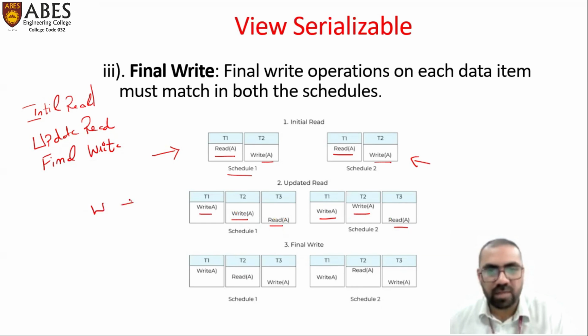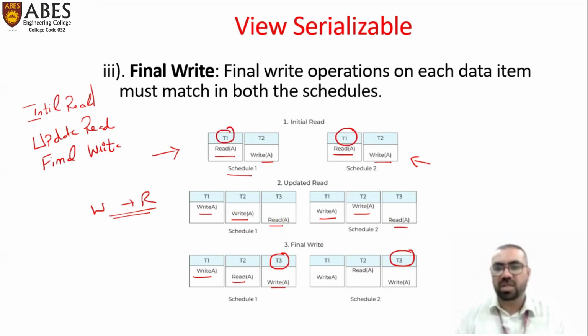First we have a write and then we have a read, that is the update read. Final write: write A, read A. Who is doing the last write? That is T3, and even in the other schedule it is T3. Similarly, the initial read was in T1, and similarly there is T2. So these are the conditions we need to check.